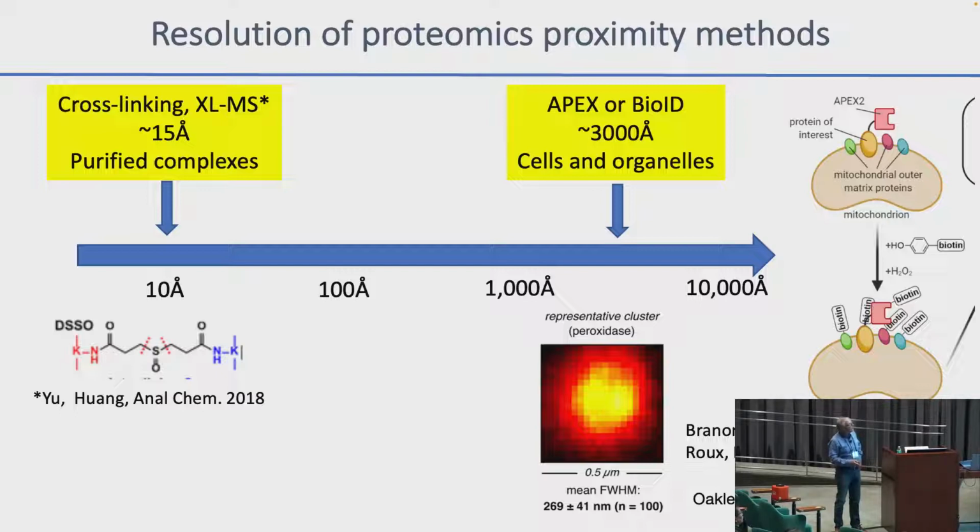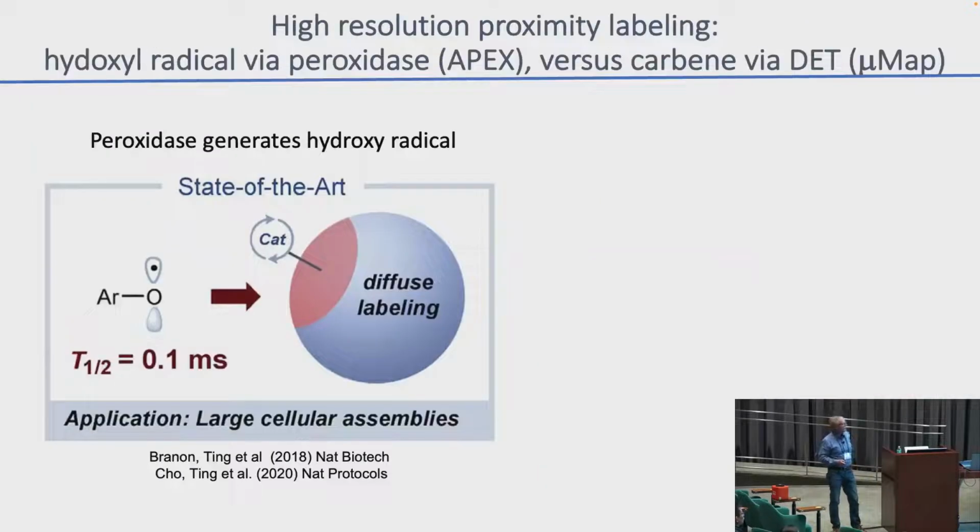The resolution of this, recently measured in the Macmillan group, though, is around 3,000 angstroms. Okay, that's sort of the distance that it sprays these radicals. And so you're going to get a lot of false positives that way because you get a lot of bystanders.